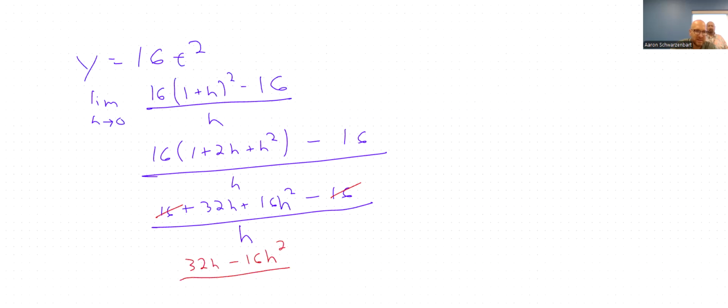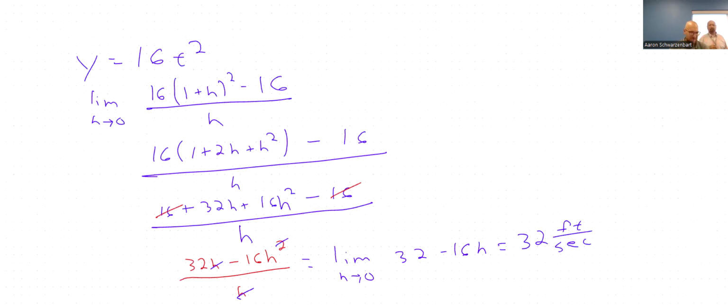I can cancel one of my h's from each of these, not the whole h, but just one from the h squared, giving me the limit as h approaches 0 of 32 plus 16h. Now I can plug in 0 for h, and I get 32. Instantaneous rate of change is in feet per second. And that's section 2.4.